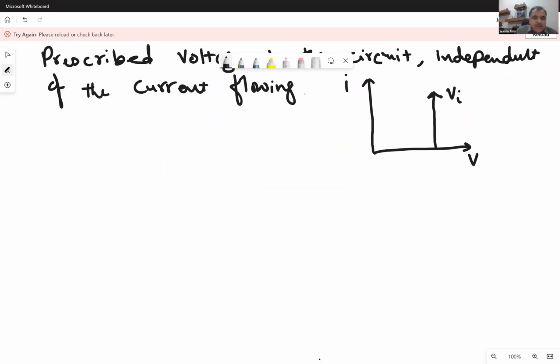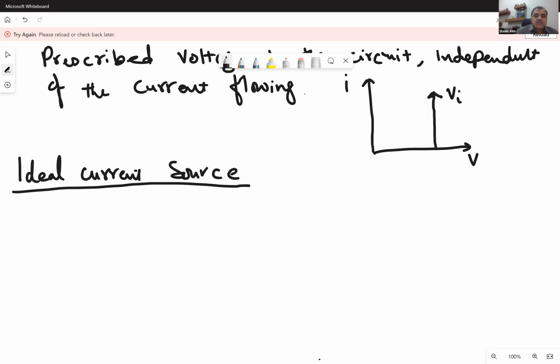Now for ideal current source, the symbol is described as such with an arrow.